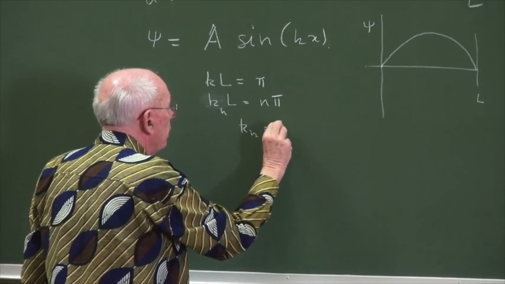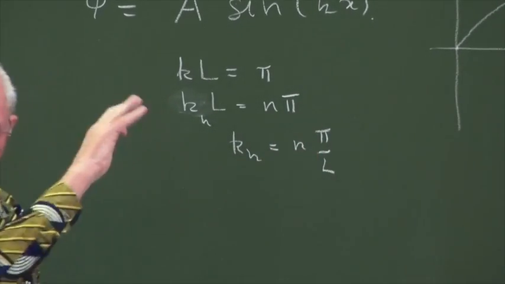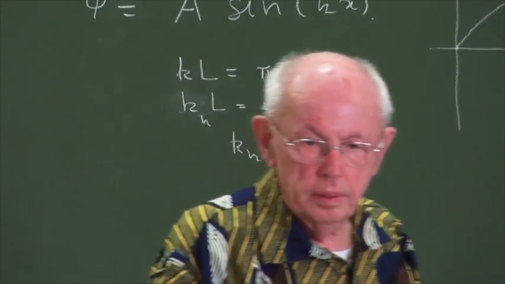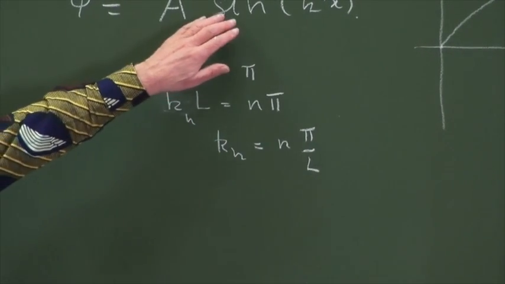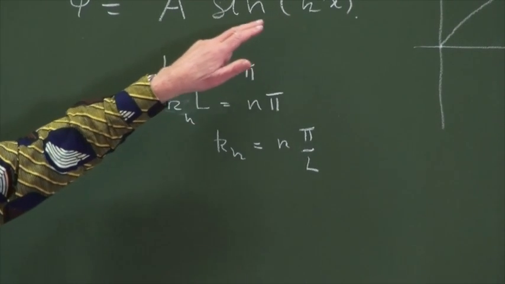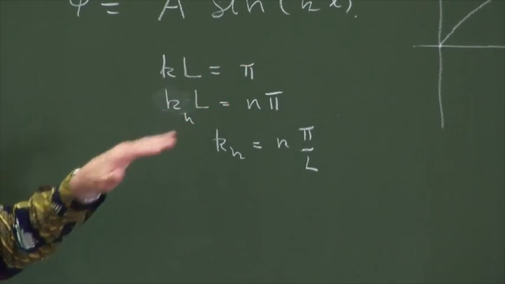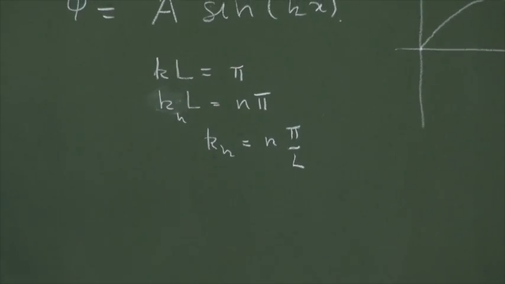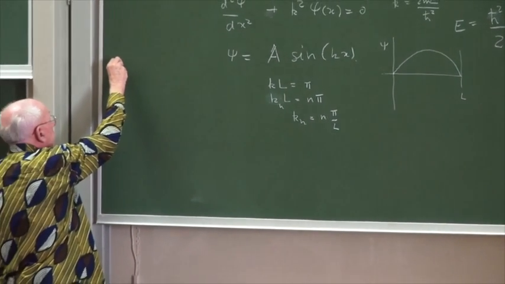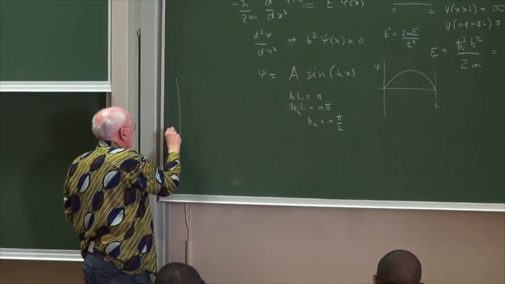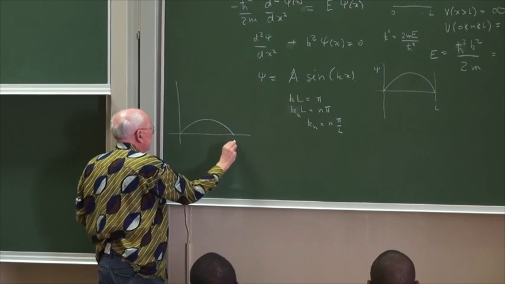These are the values at which we solve that equation with the boundary condition, and if we put in this value of k, those are the eigenfunctions of this problem. And so we can now look at how these things look. The eigenfunctions look like this. This is L.